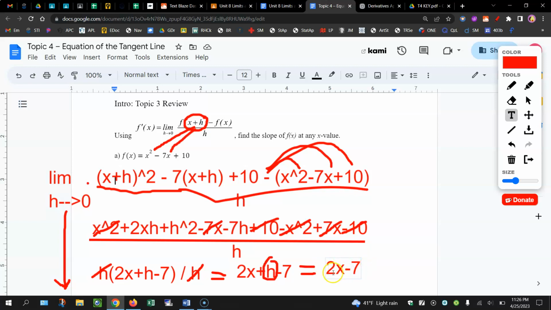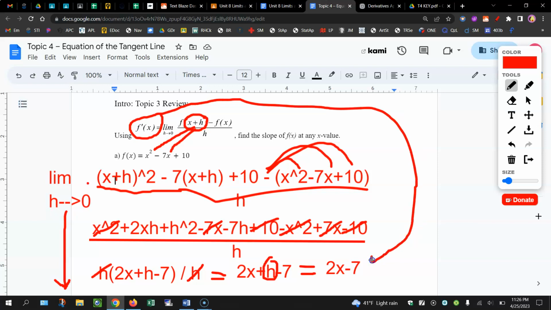And this is going to represent the derivative. So the derivative is this symbol here. And the derivative finds the slope at any point. So this is equal to 2x minus 7. And if we want the slope at any x value, we could just substitute whatever that x value is into this derivative. So that's the first one on the intro.